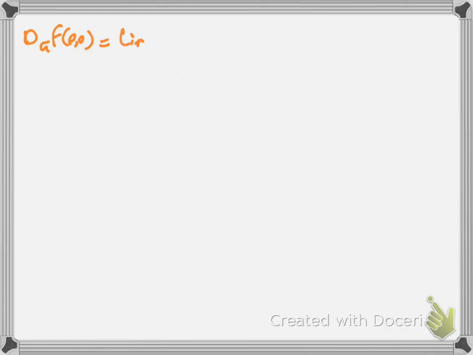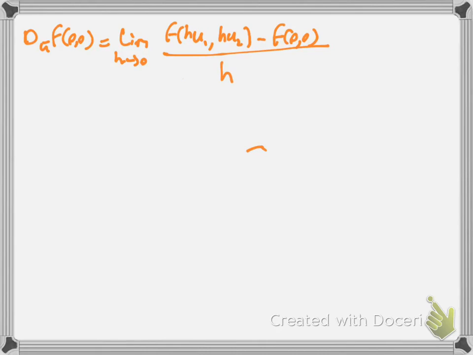So that's the limit for h to 0 of f of hu1, hu2 minus f in the origin divided by h.